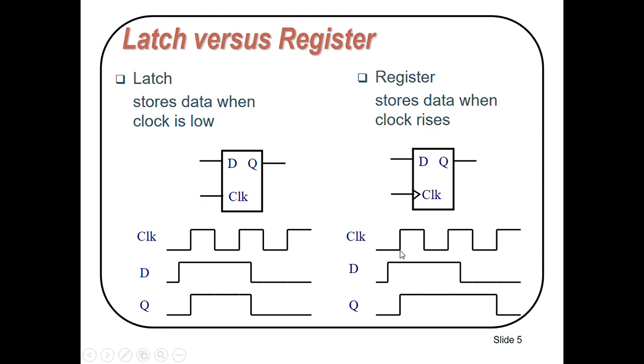Exactly below this clock edge you can see the output will change, and it will remain unaffected until the next rising edge of the clock, where you can see the input is low.